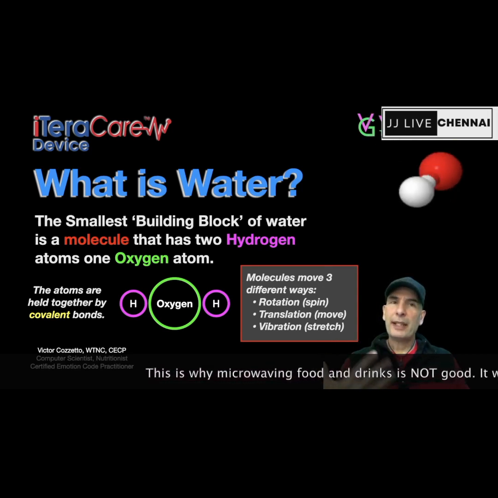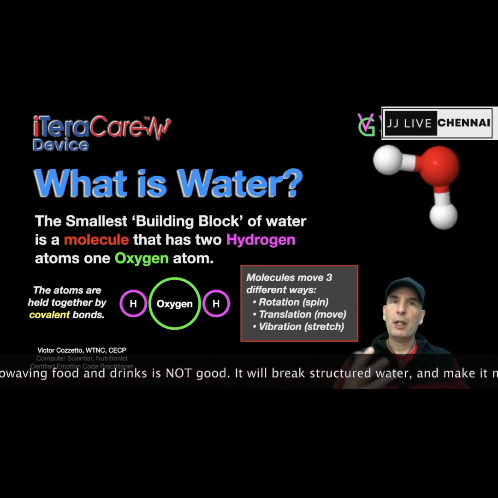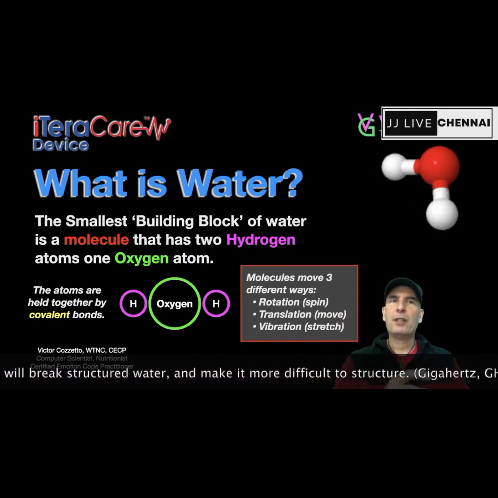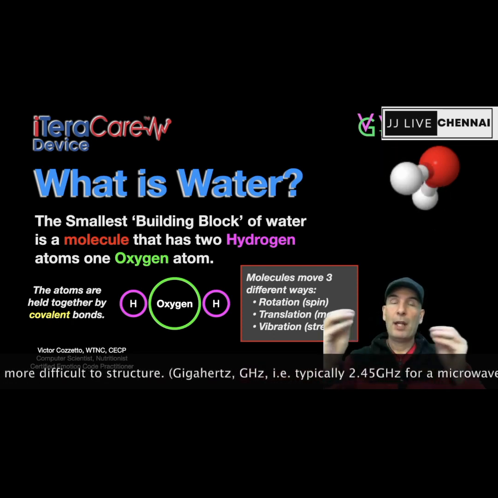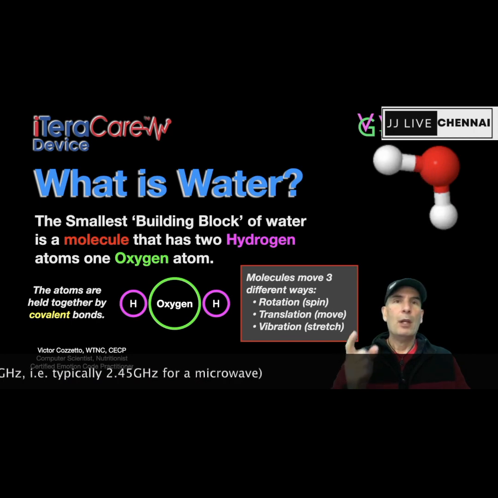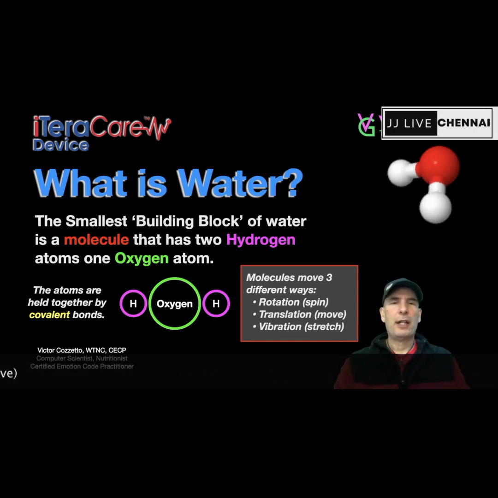We normally heat things by moving, right? So heat, when we measure temperature, is about the motion, the movement, or the translation through space of the different molecules, and they bounce off of each other, and as they heat up, eventually they get so far apart they become gas, right? But microwave creates that by spinning, and that's really not so cool.